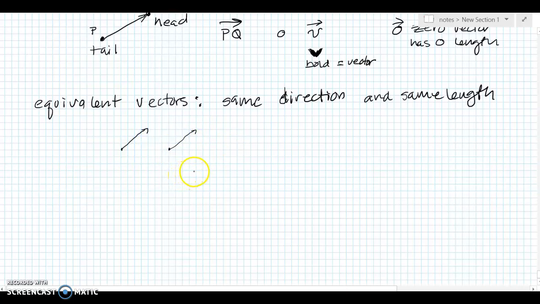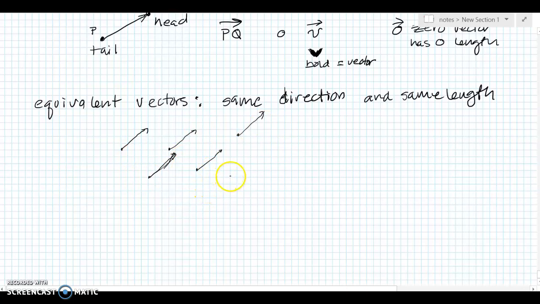These are all the same. And that goes up there. Anyway, okay. So same, boy, this is so annoying. So same direction, same length. So every single one of these are equivalent. They're equal. They can be in different spots and they're still equal.